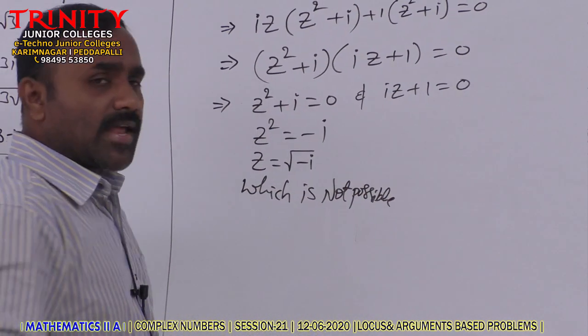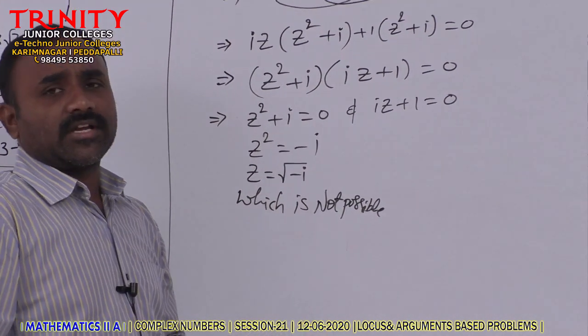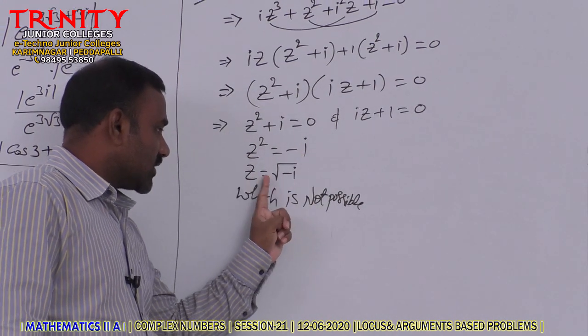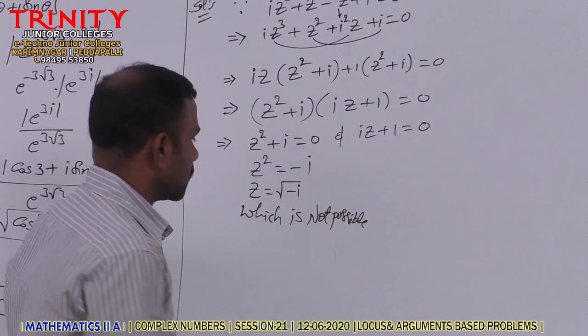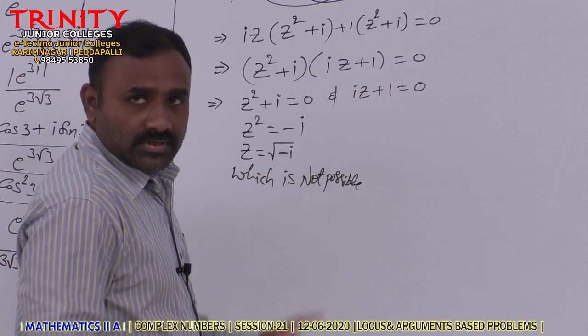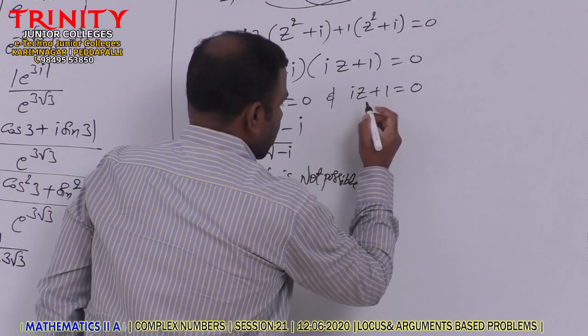Root of negative value is imaginary, but root of negative imaginary, it is not defined. That's why z square equal to minus i, when z is equal to root minus i, which is not possible. Means in this case we don't have the solution. Understood?